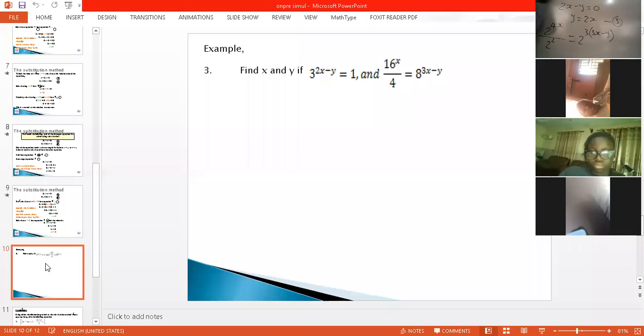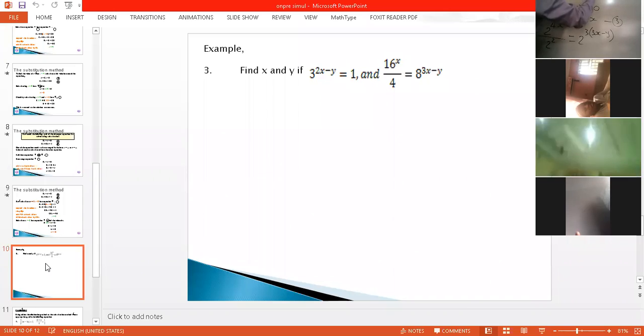When you look at this, you consider the power alone, because they are of the same base, 2. So we consider the power. Now, comparing both powers, you have 4x minus 2 equals 3 into 3x minus y.